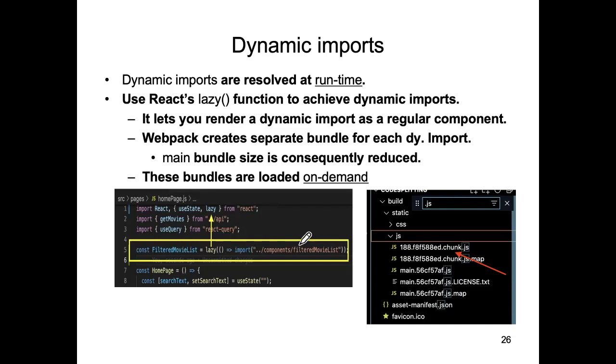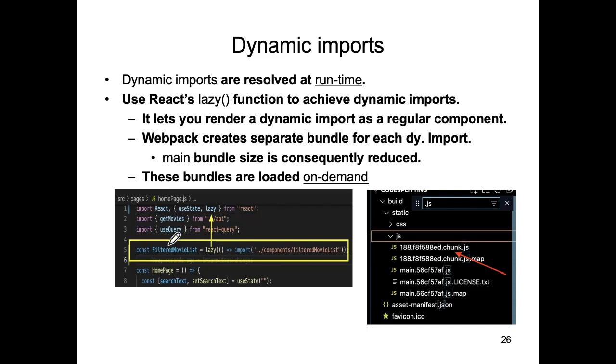I'm importing that in a dynamic way rather than a static way. The code is just different, we can say for now. And I'm using the lazy function to do that. So that's how I code my dynamic imports. Instead of the static import, I'm coding it this way.